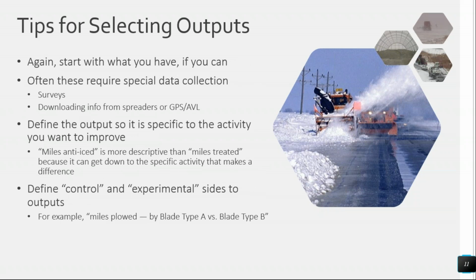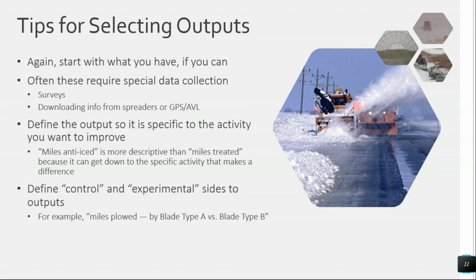So when you're selecting your outputs, and this is going to be a theme, you'll see this just about on every single slide: start with what you've got. These are going to be a little bit more tricky because they might require special data collection or an investigation or some information that will allow you to know who uses plow blade A versus plow blade B, for example.